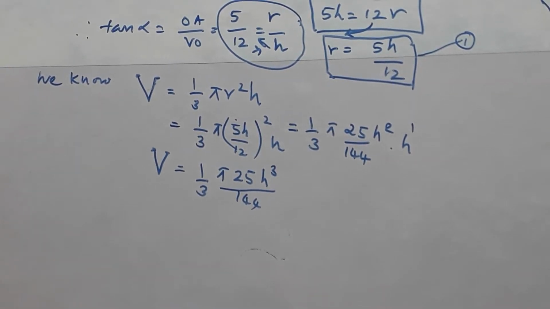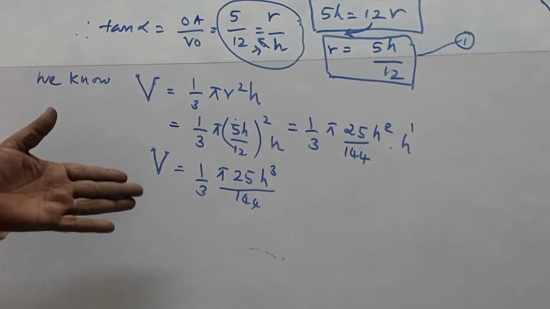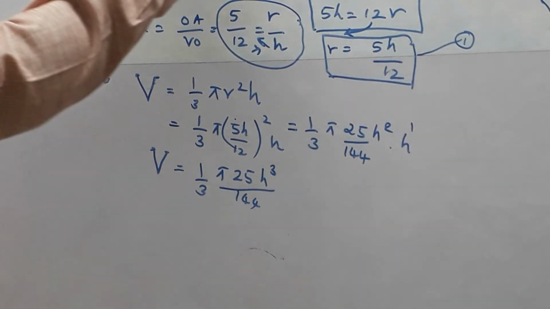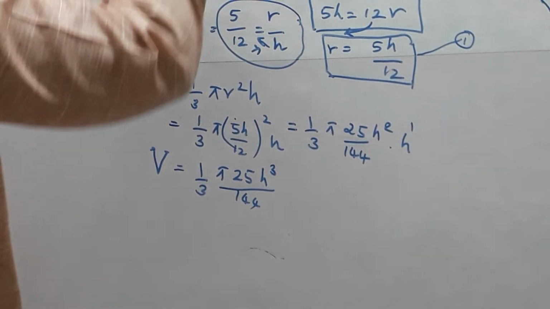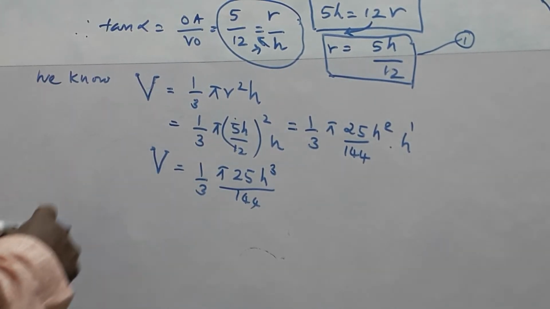Okay. Now we want to find how fast the water increases. Then we have to differentiate the volume with respect to t. When the time increases, when the minutes increase, the water flowing inside the conical tank also increases.